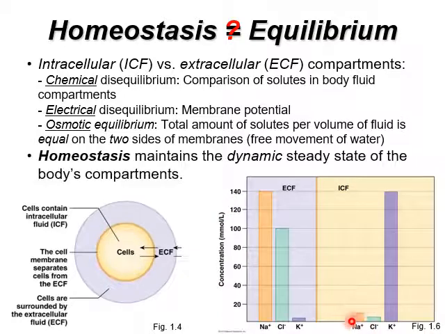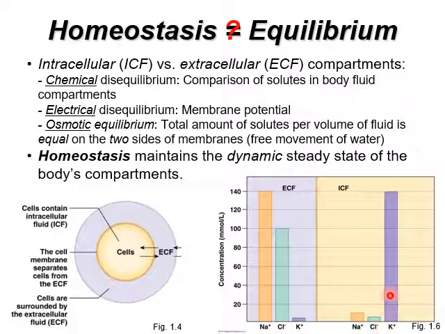Low concentration in the cell, but if you look at the extracellular fluid that bathes the cell, you can see there is a high amount of salt, sodium and chloride, outside the cell. And this is very important for the functioning of the cells. Your cells maintain this environment where there's high salt outside and low salt inside.